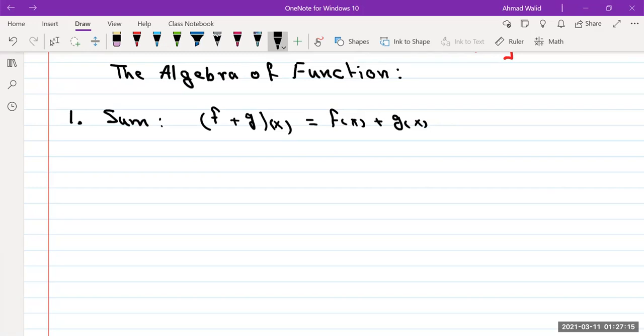Before jumping to the second one, let's do a few examples, then go to the second one. In your book, they put all of them first in a table, then they do examples. But let me explain a few examples here first, then I'll jump to the next one, correct? Example number 1.